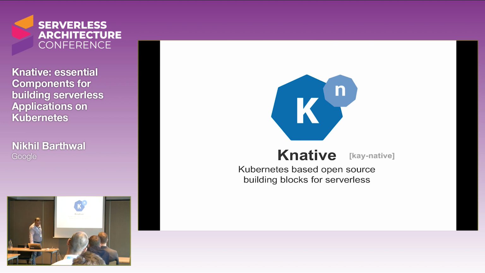So let's actually look at what the Knative project is. In the Knative project, I have a set of primitives: build, events, and serving, right? I need a mechanism of how my source code could be built and deployed, so that's build. I need a way to communicate, that's events. And now I need a way to route, that's serving.